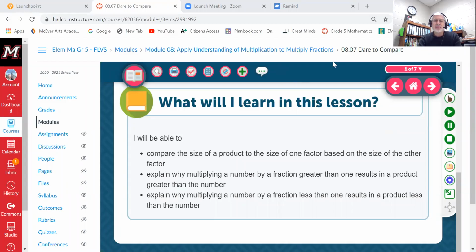So I know that all sounds a little bit complicated, but actually this standard is not that complicated at all. And I'll show you when I switch over to my hover cam. So I'll share my screen.